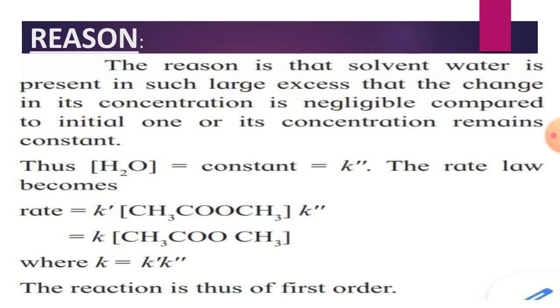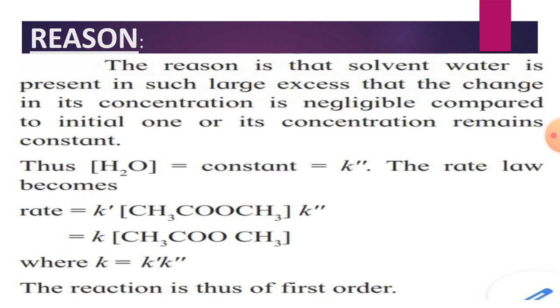is negligible. Suppose we take a glass. In that glass we have water, and the amount of water is very large. This is your solvent water. Further addition of a little bit of water will not change the concentration of the water.